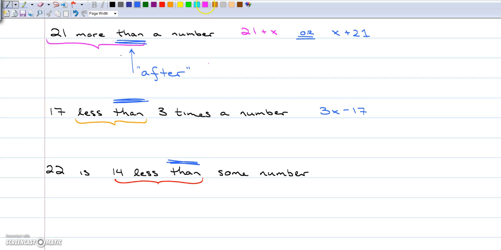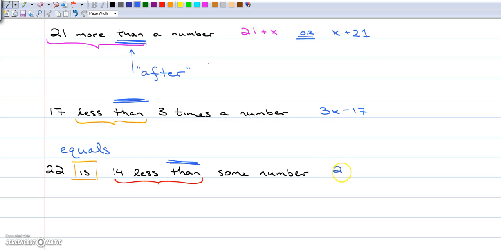But what I also brought to this new problem is the word is. And the word is means equals. The first two problems, neither one of those had an equal sign. But this one does.